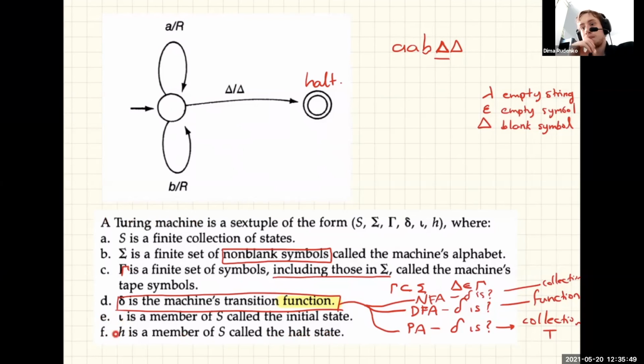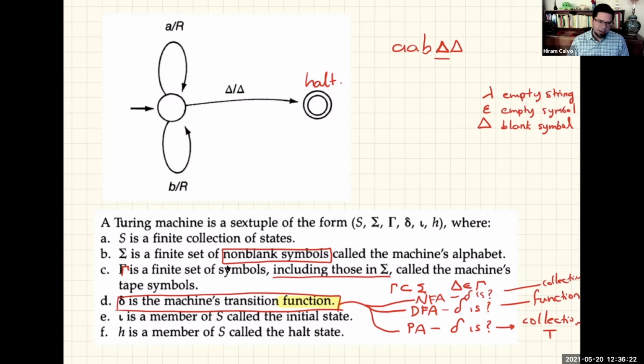So what does this definition also imply? Can I have more than one halt state? One second, Professor. But what prevents us from, for example, looking at this Turing machine that is on the screen and creating one more transition that would make it non-deterministic?